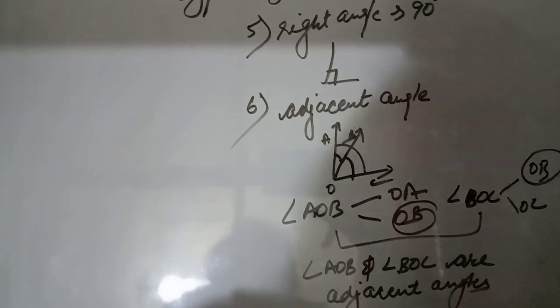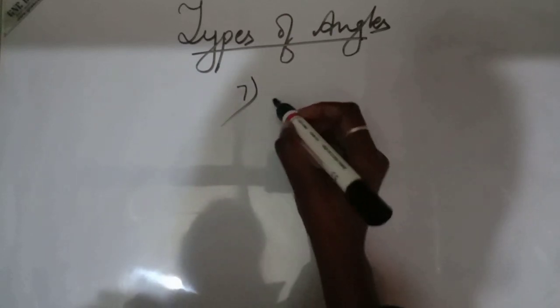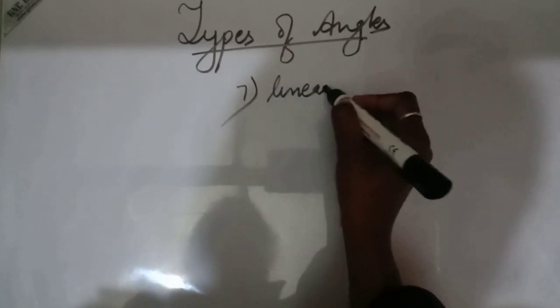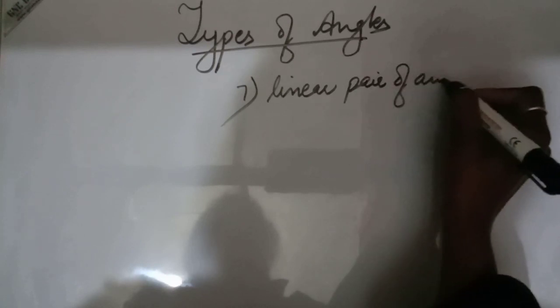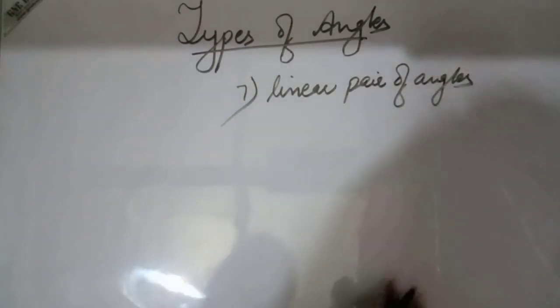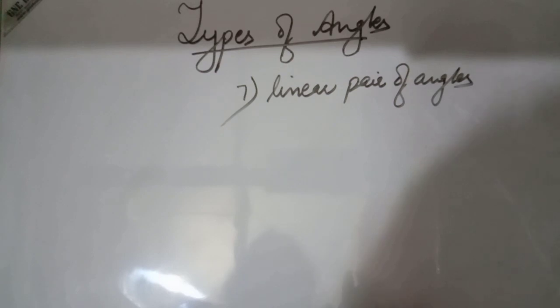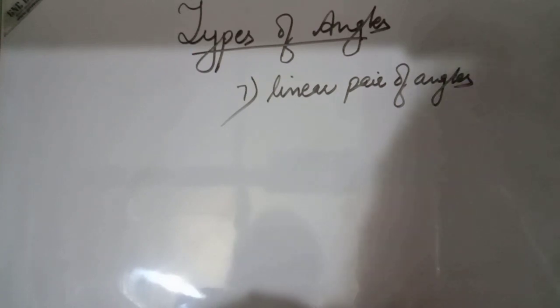Okay. The next type of angle is the linear pair of angles. What are linear pair of angles? Those adjacent angles whose sum is 180 degrees are called linear pair of angles.